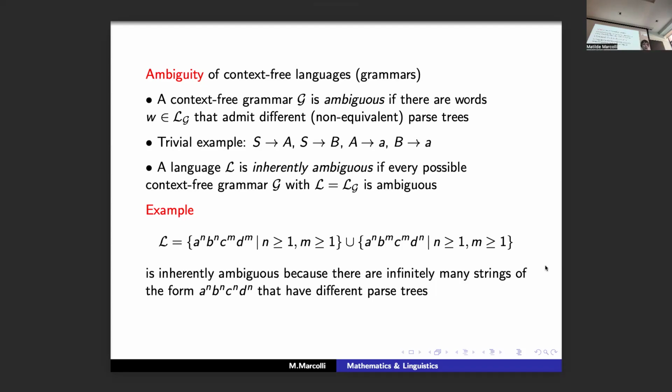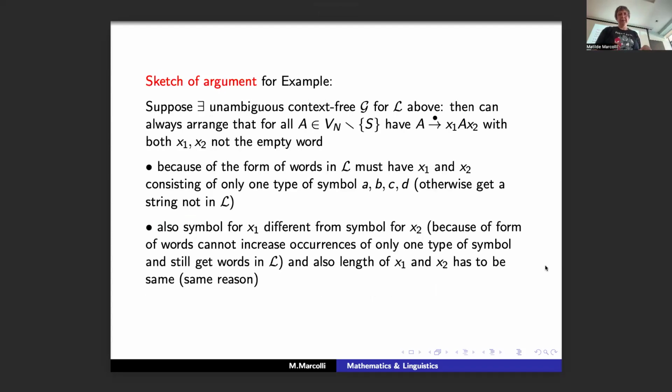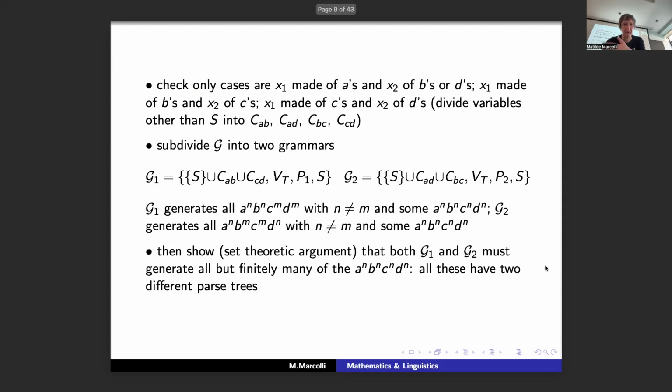These two have different parse trees, and so this set will always have two different ways of parsing. I'll skip the details of proving this, but you can separate your grammar for this example into two subgrammars that produce these two different recursions, each producing an infinite number of these common sets, and all of them have ambiguous parse trees.